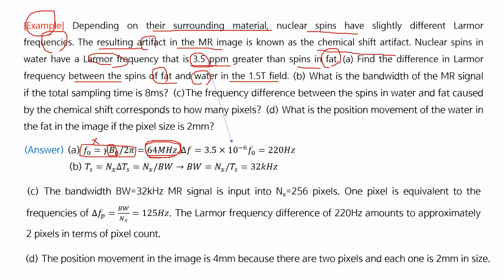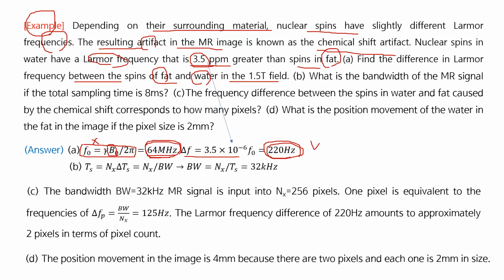Then the frequency difference can be obtained, 220 Hz. So the Larmor frequency difference between spins in water and fat is about 220 Hz.